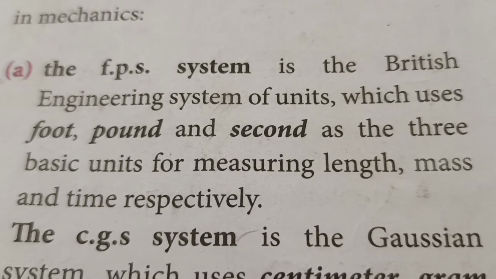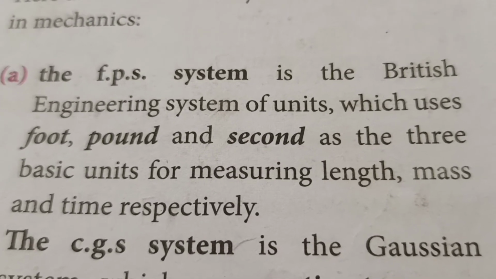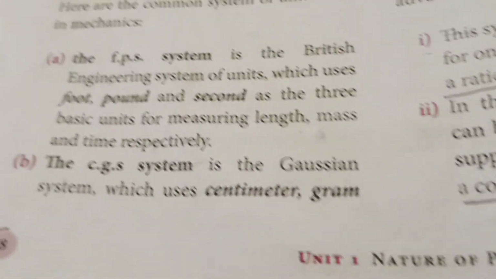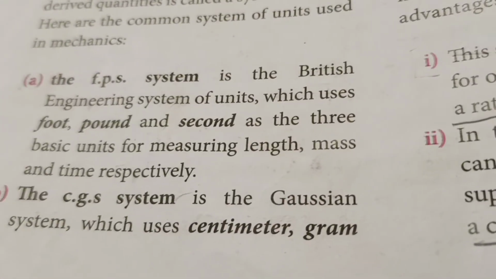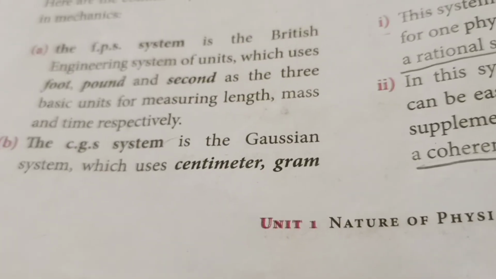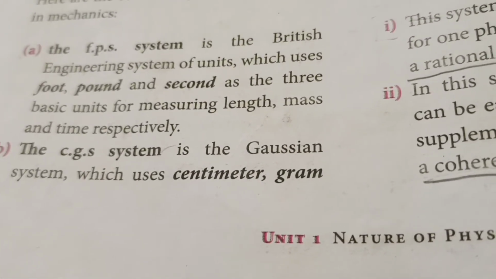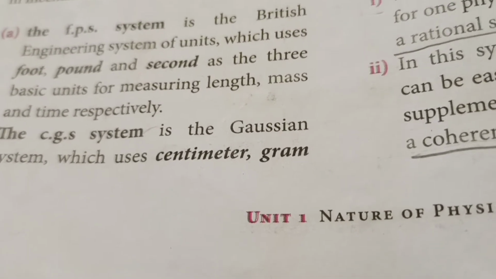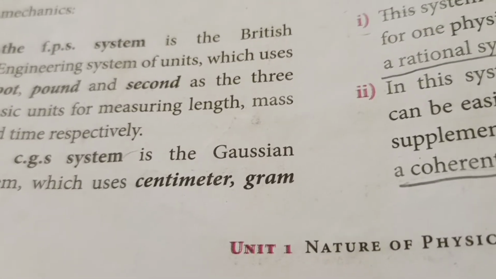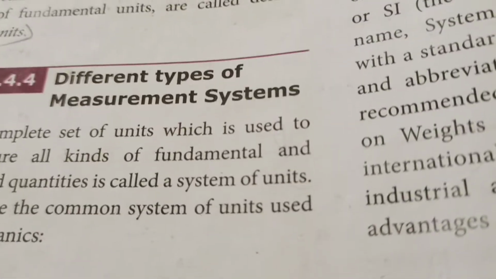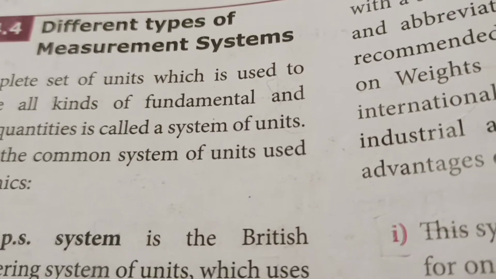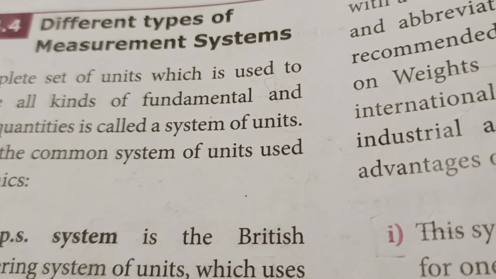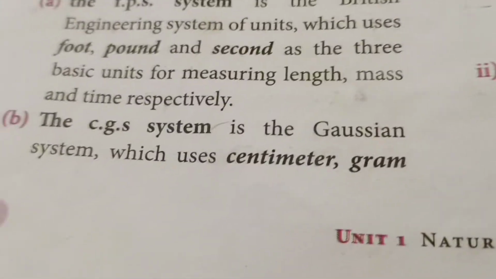The common systems of units used in mechanics: in olden days, they used the FPS system, then about 100 years back, the CGS system and MKS system, and nowadays we use SI units, that is the MKSA system.